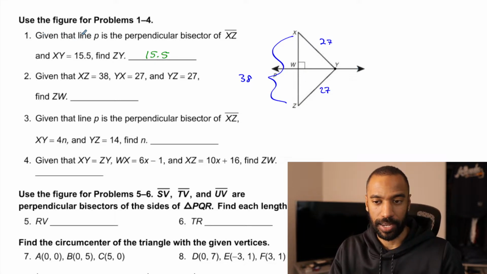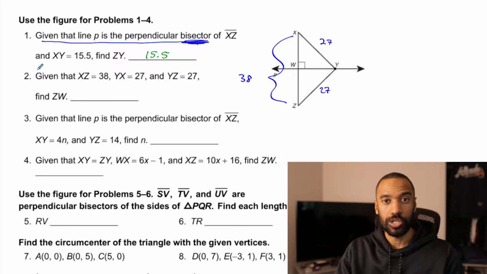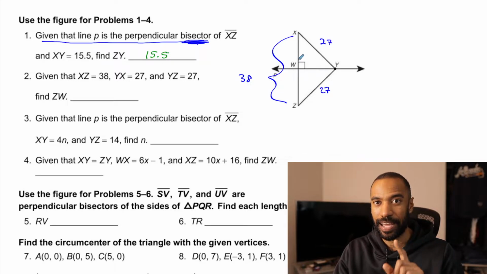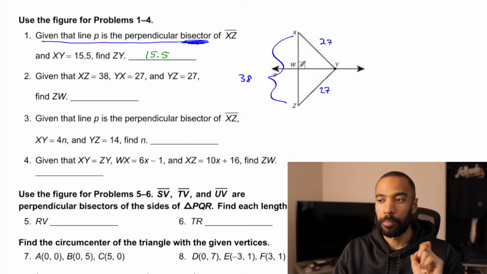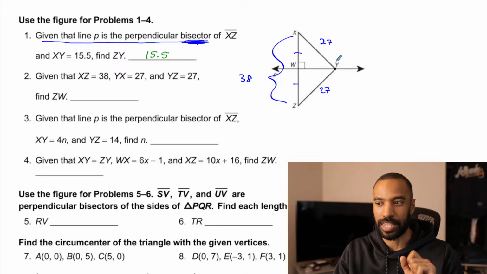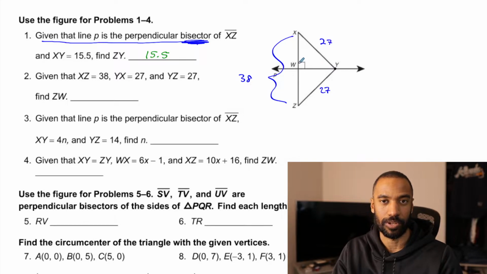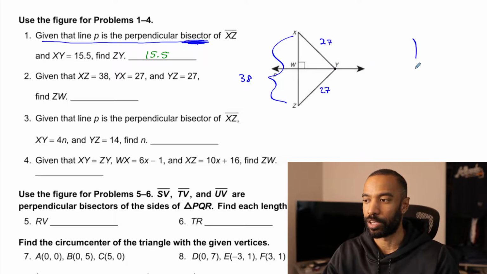In number one, it was given that this line was the perpendicular bisector. In question two, it's given that it's perpendicular because the drawing does not tell you that it's a bisector anymore. So the perpendicular bisector theorem, which makes these equidistant, only applies if it's a bisector. If you don't know it to be a bisector, then it doesn't apply. Think about this drawing, for example.